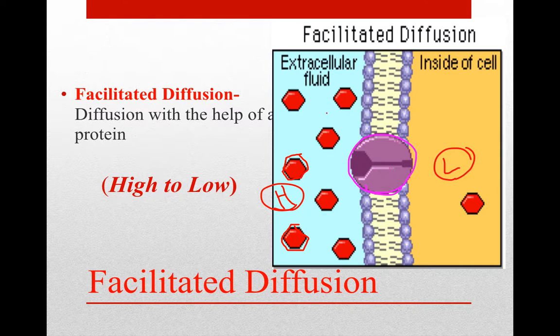And so they want to move from high to low in this direction. So they'll bond to the protein at the bonding site, and then that will open up this protein and allow them to go through.